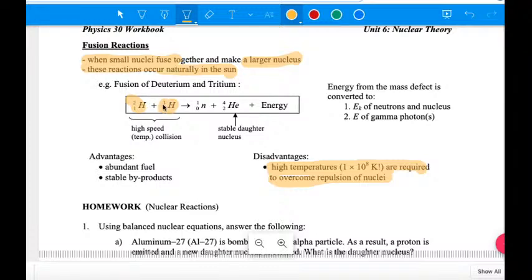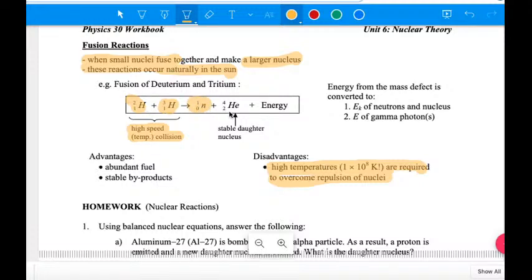Those are going to collide at extremely high speeds, fast enough that their nuclei are able to essentially fuse together. They come into such close contact that the strong nuclear force is kind of overcome, and then combines all of our nuclei together, minus this one neutron.